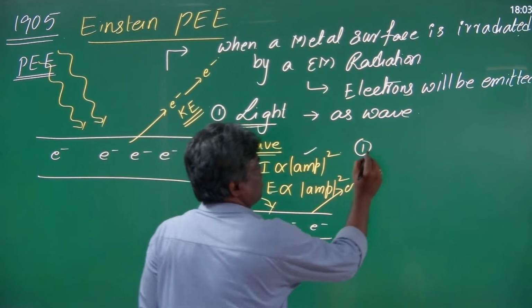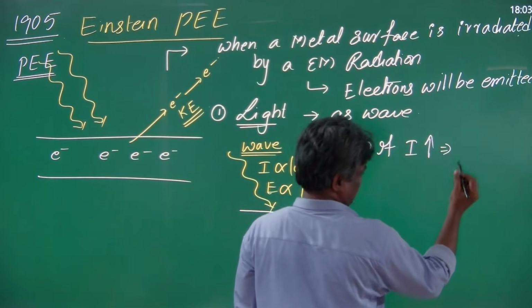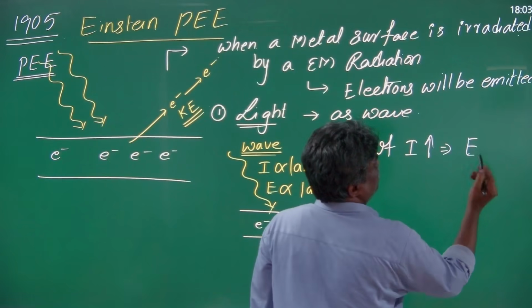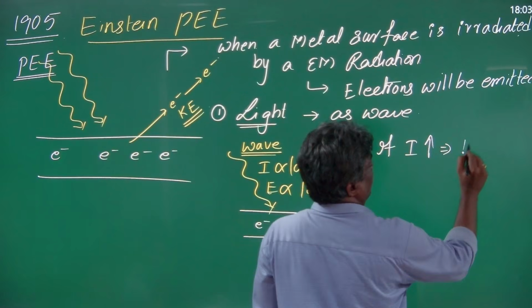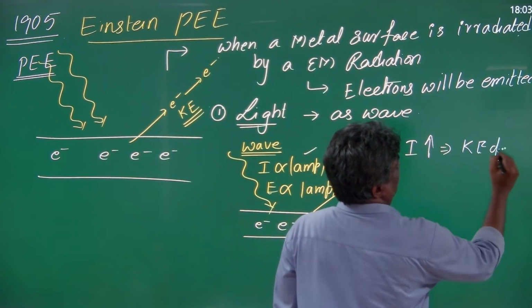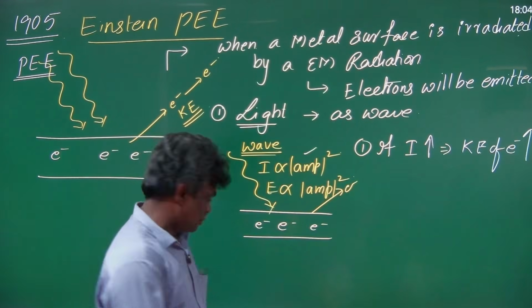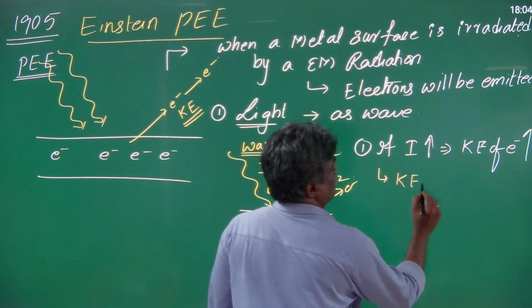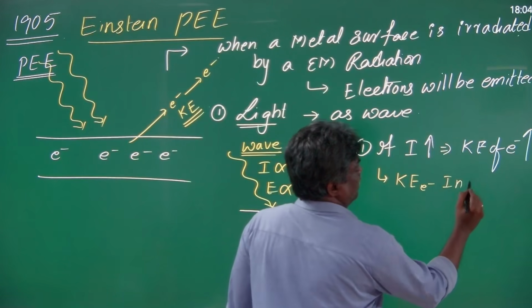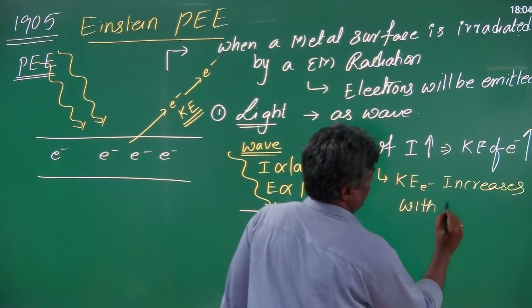Good. So first point, if intensity increases, the energy of light increases, and the kinetic energy of the electron also increases. So that means what you are saying is the kinetic energy of the electron increases with intensity.